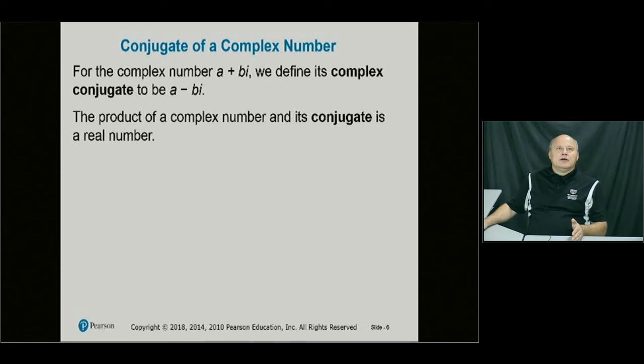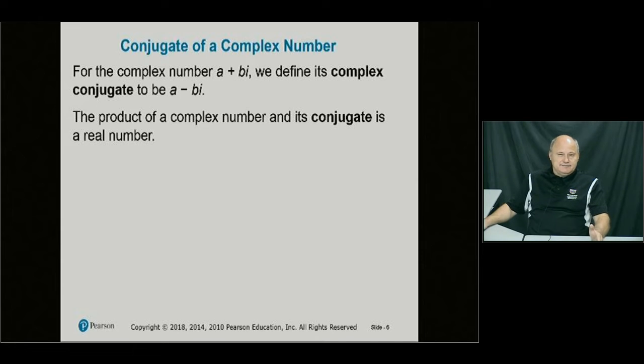Alrighty? So the conjugate of a complex number. For the complex number a plus bi, we define its complex conjugate as a minus bi. Okay? A lot of people think of the conjugate as the opposite, and they're not opposites. The opposite of a plus bi is going to be negative a minus bi.